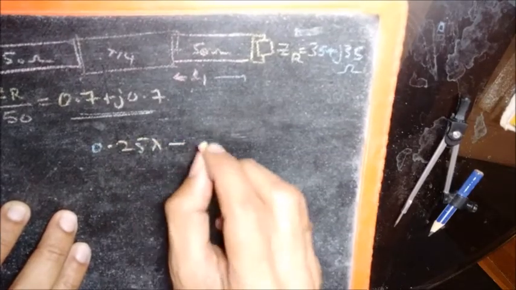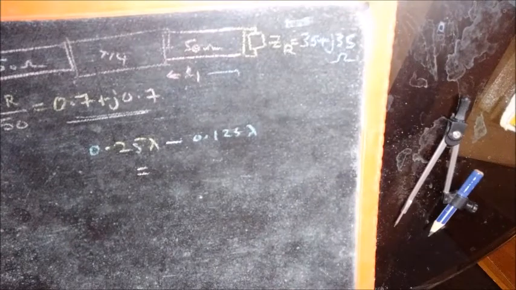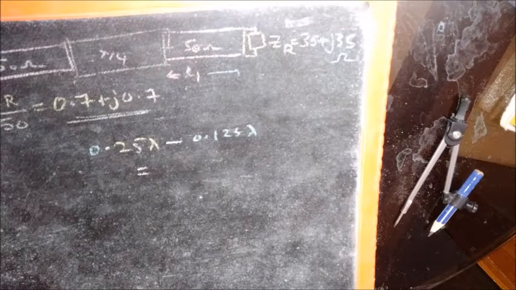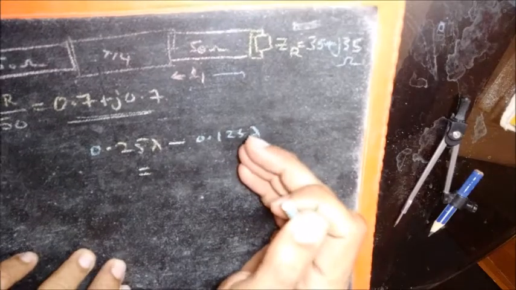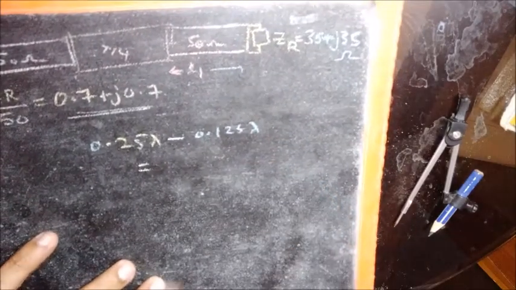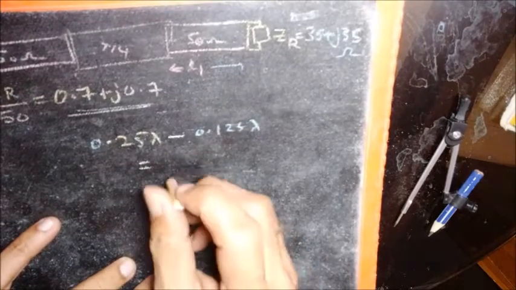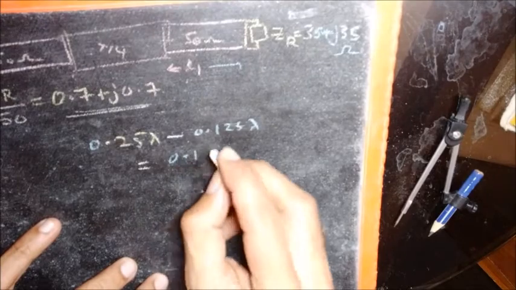This is the distance I have to move from the load towards the generator, so that I end up getting a purely resistive input impedance.